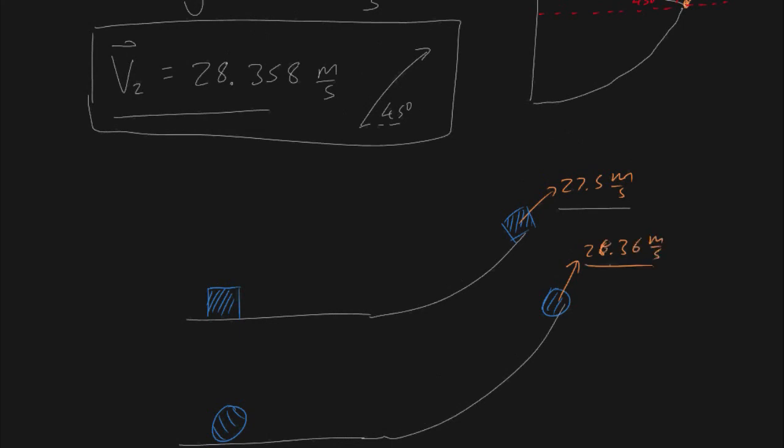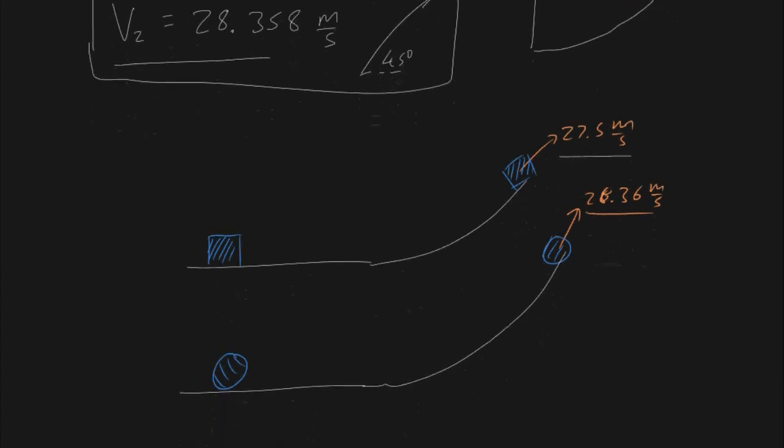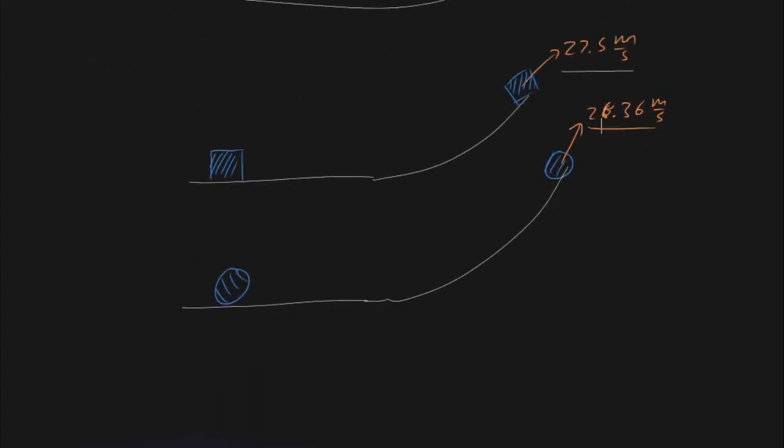Why does the disk have a greater velocity than the block? That's because the disk originally had a greater kinetic energy, because it was not only translating, but it was also rotating. So that means there was more energy to be converted into potential energy.